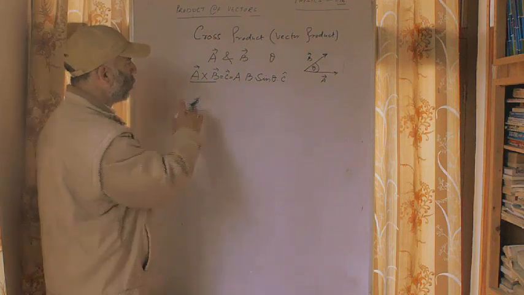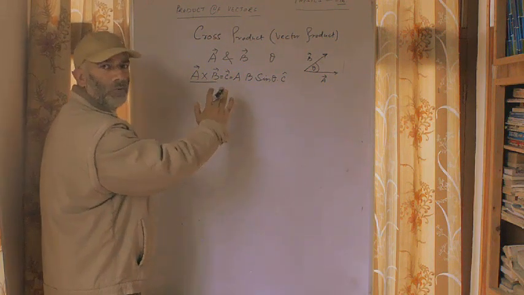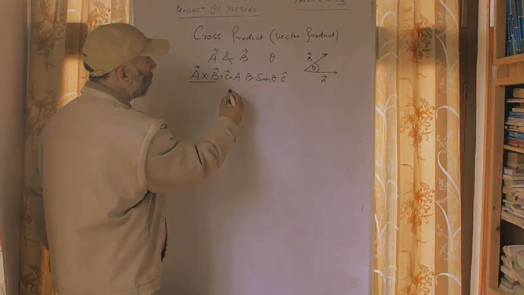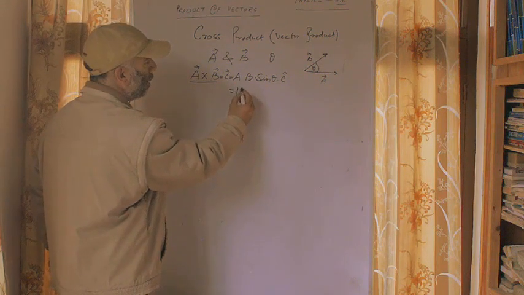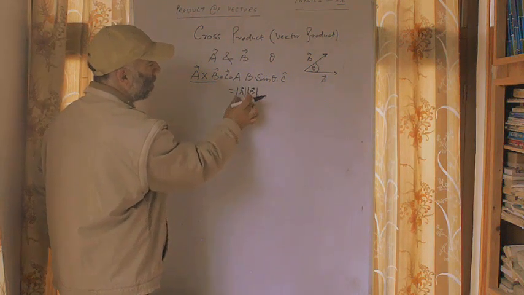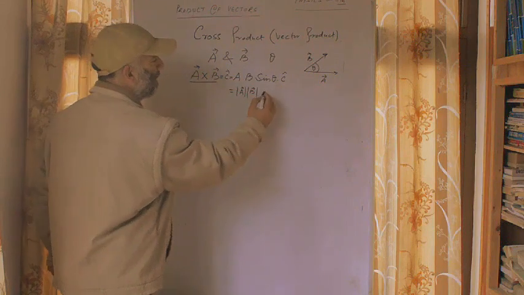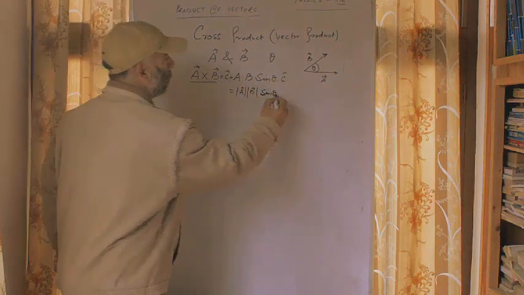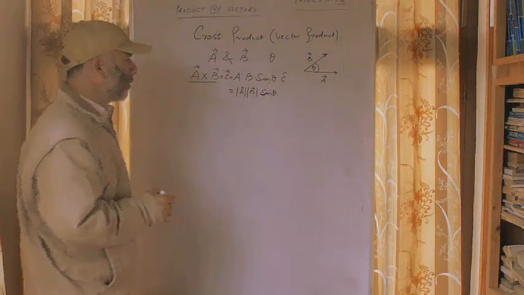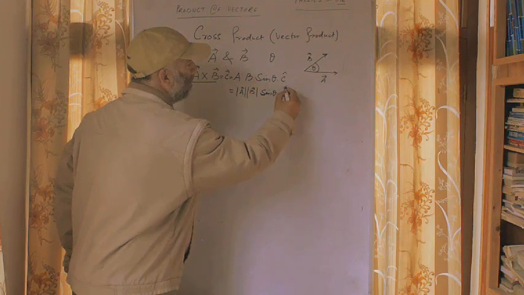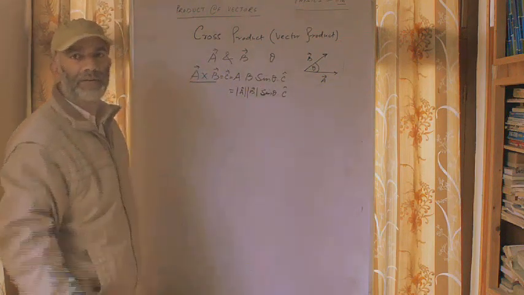Okay. So in case of the cross product of two vectors, you have to remember the cross product of two vectors is equal to product of the magnitudes of the two. So it is magnitude of A, magnitude of B, represented by this, or by simply this, and sine of the theta between them. And don't forget to mention here the unit vector. This unit vector gives the direction of the resultant vector.